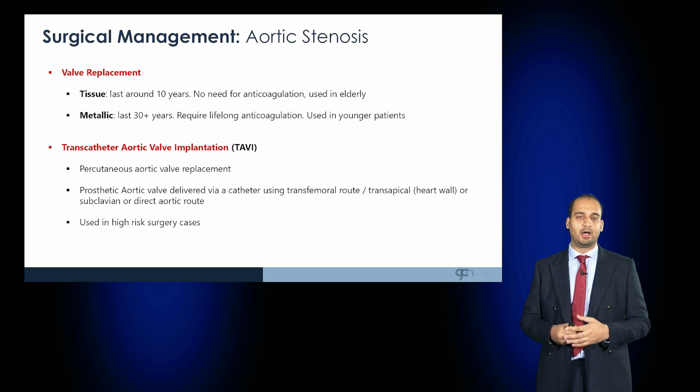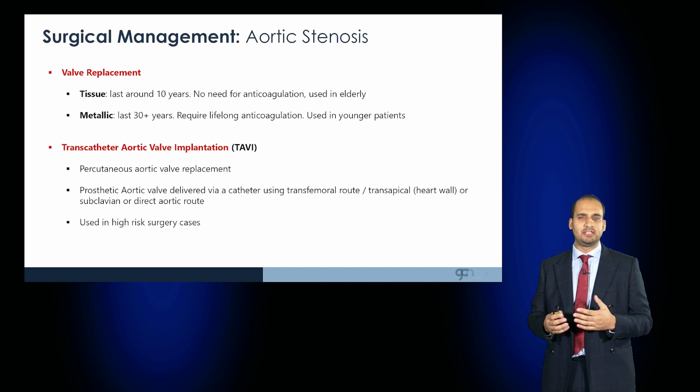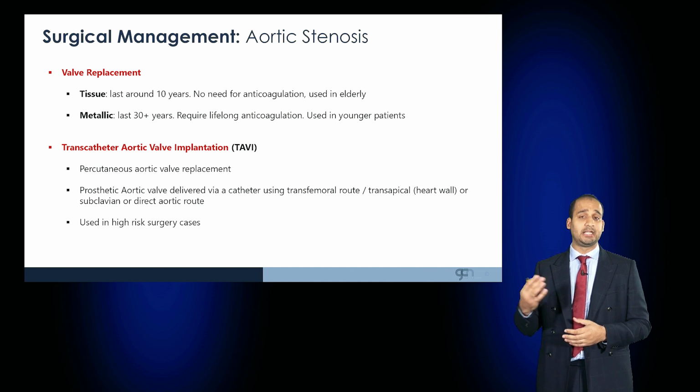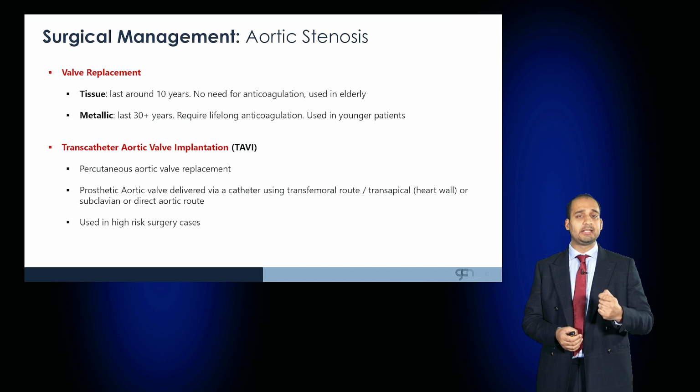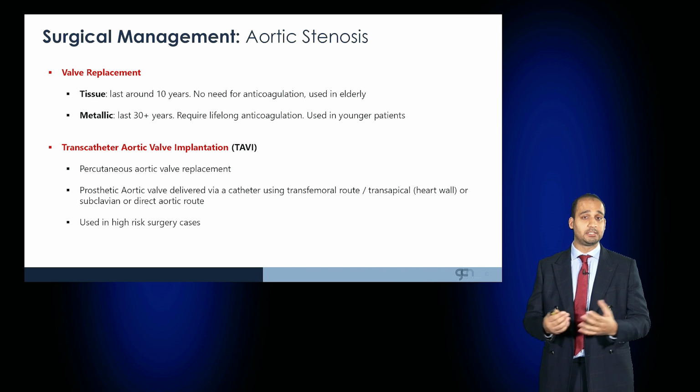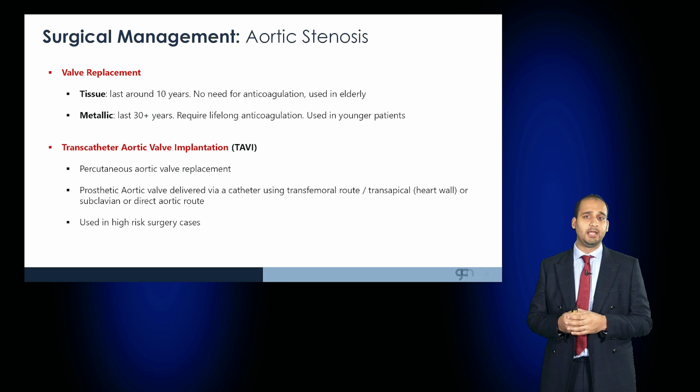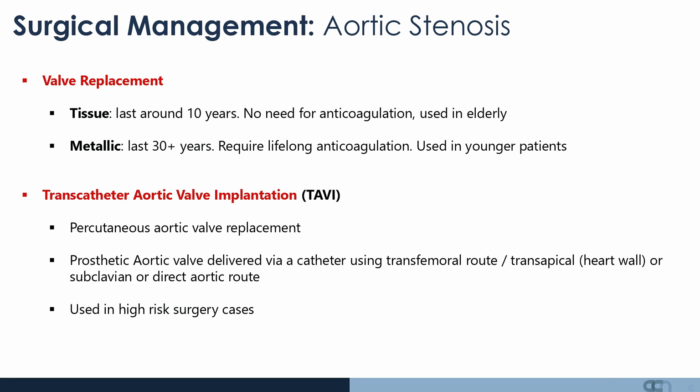The options are tissue valves or metallic valves. Tissue valves last around 10 years, and the advantage is they don't require anticoagulation and can be used in elderly patients. Metallic valves last much longer, 30 plus years, but they require lifelong anticoagulation and currently require warfarin therapy, and these can be used in younger patients.